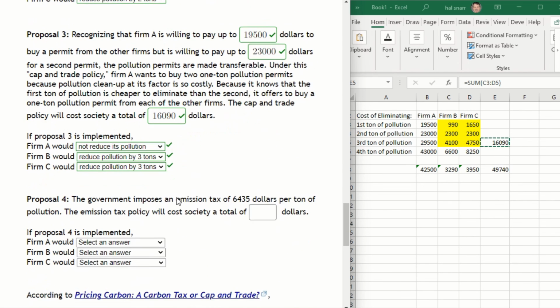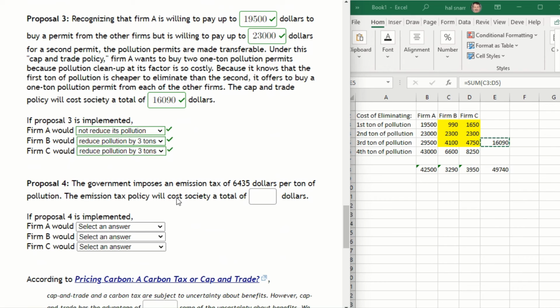Okay. Now, proposal 4, we're going to consider the government just imposing an emission tax of $6,435 per ton. So it results in the same outcome, because the tax is in between these 2 values.